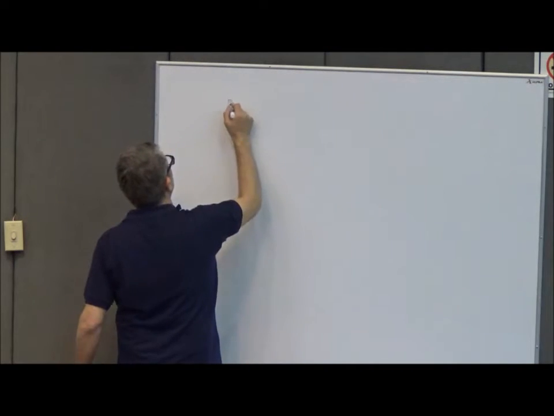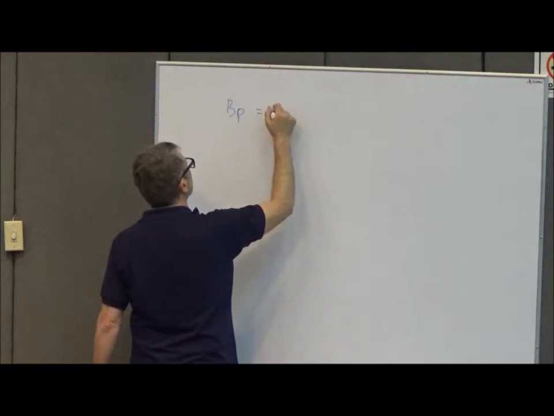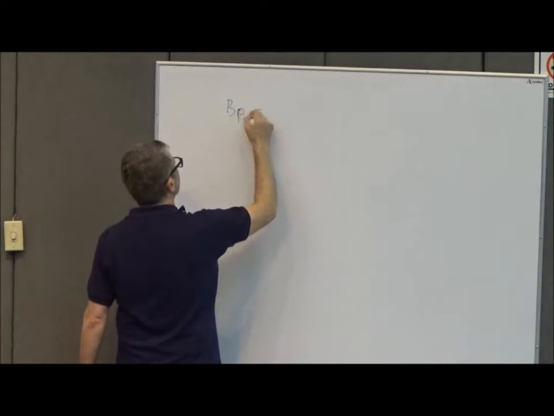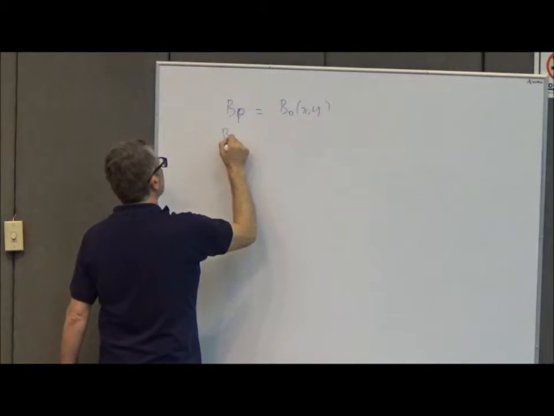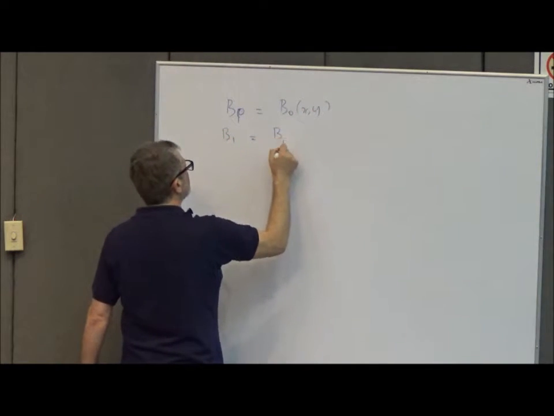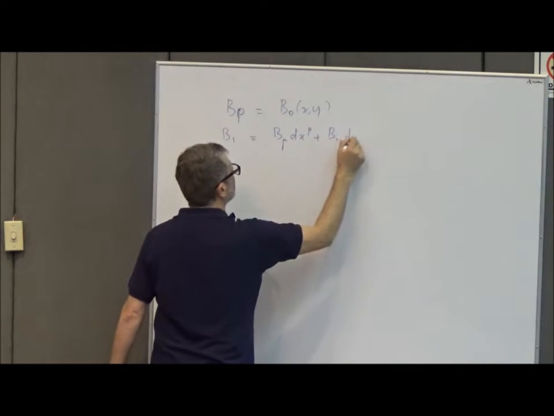So if B is a P-form on X, then let's start with the zero form. As we wrote before, if I take a one form, I can write it as B_mu dx^mu plus B_i dy^i.